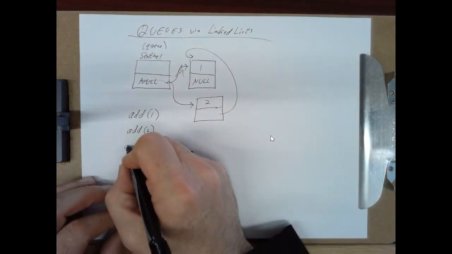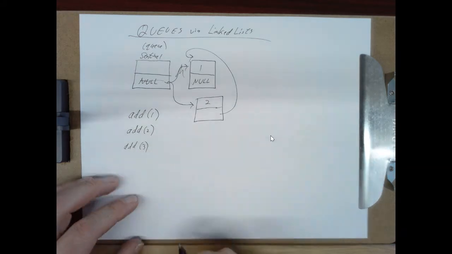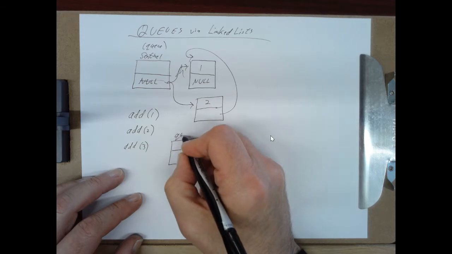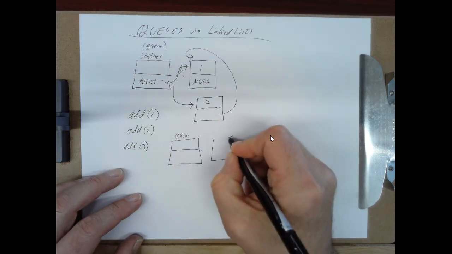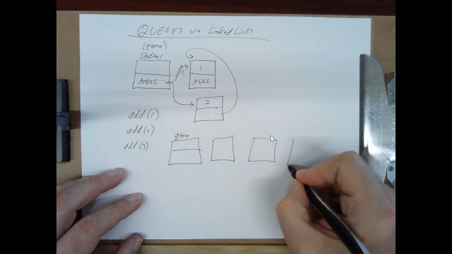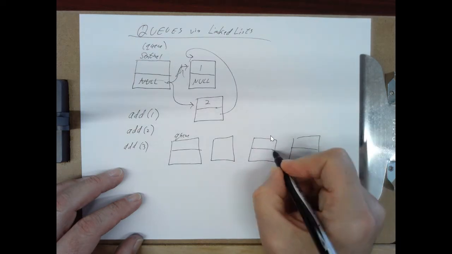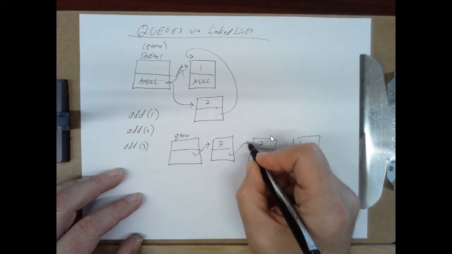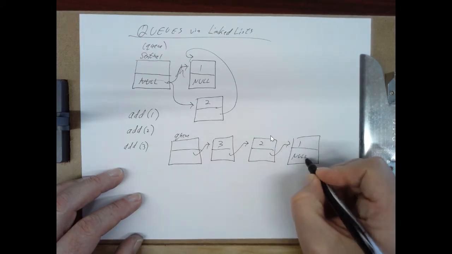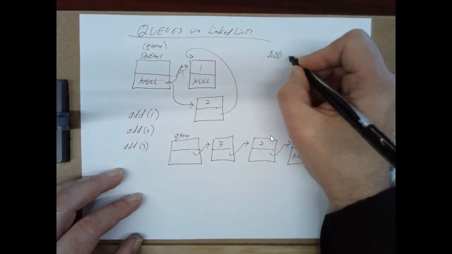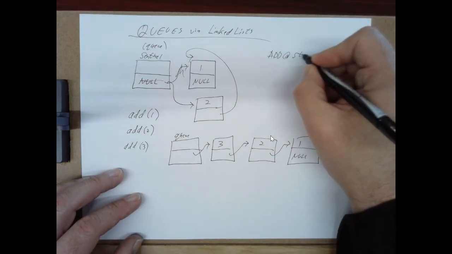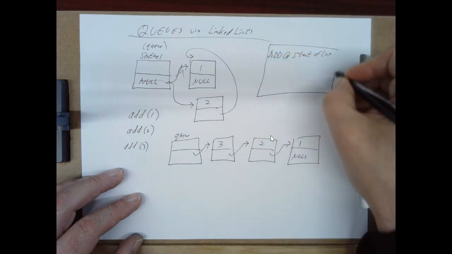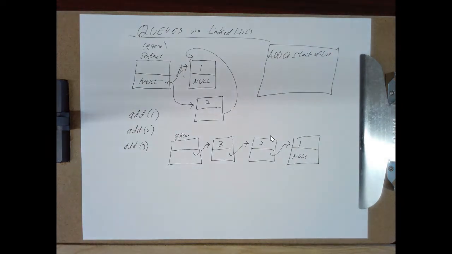And if we add 3, we'll do the same thing, and our queue will basically look like this. It'll look exactly like what we create with a stack when we push. So this is add start of list. So if we add to the start of the list, this is what our queue looks like as it builds up.